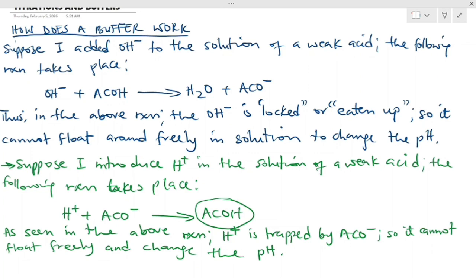That is what a buffer does. It has the acid, it has the base. Whether I add OH minus or H plus, in either case it will react with one of them to lock it in or eat it up, so it is not floating freely to change the pH. That is exactly how a buffer works.